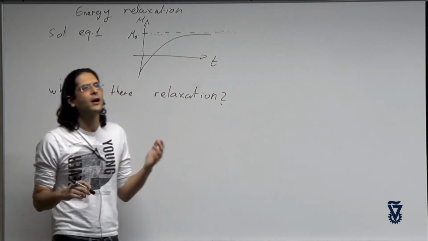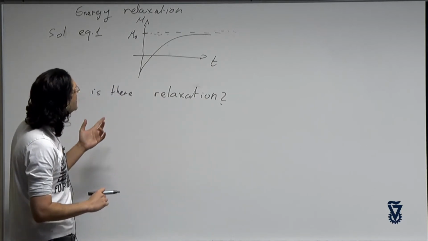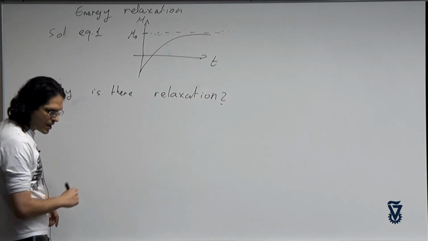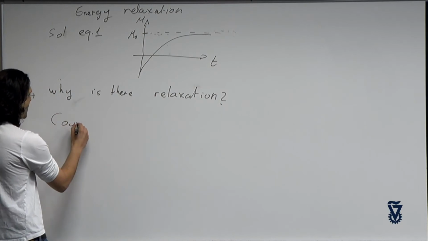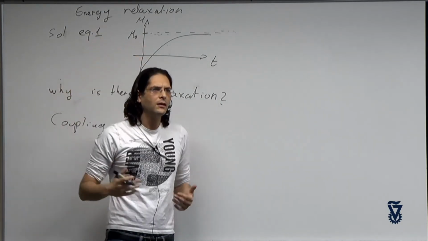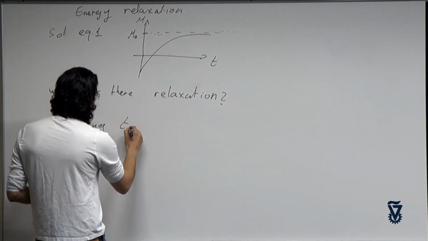You need some coupling to some environment. The fact that we have energy relaxation is because we have an environment. And the environment can be anything. So any coupling really between the 1 and 0 state through anything will lead to relaxation.